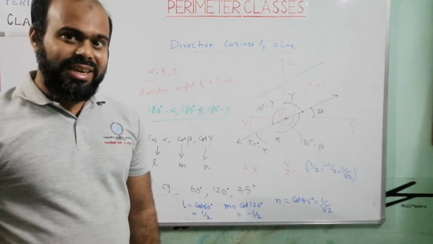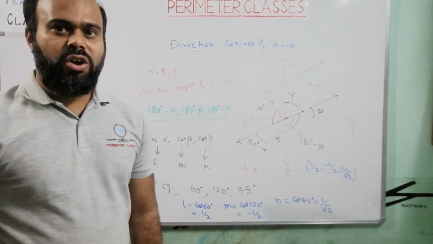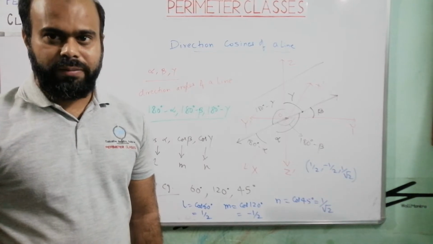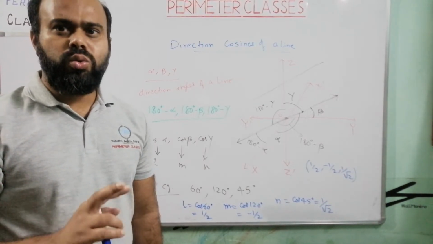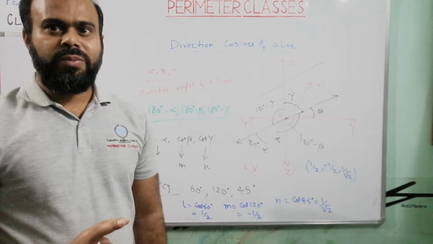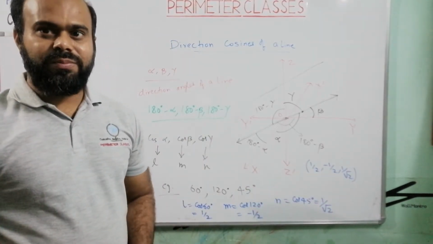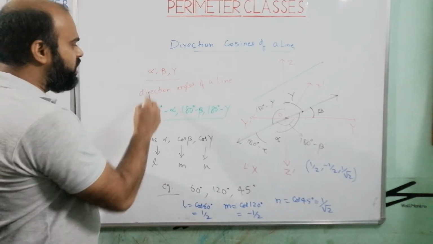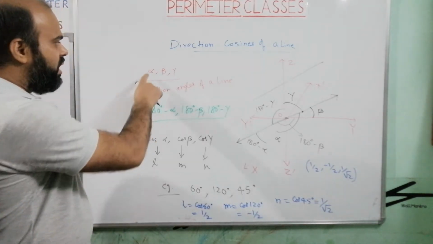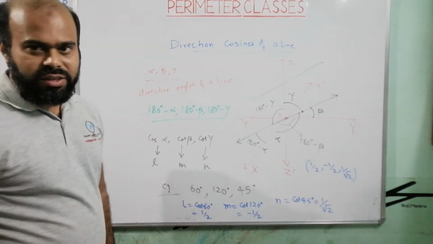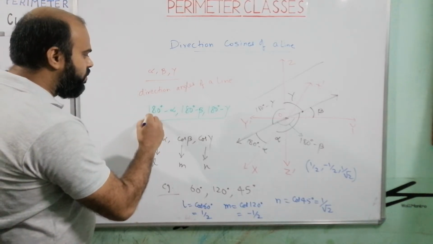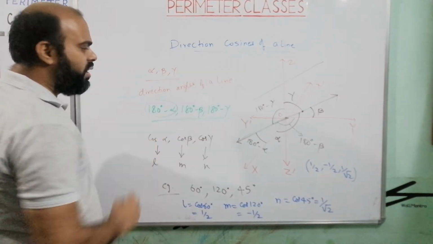But as I said earlier, a line does not have a unique direction cosine. A line has two sets of direction cosines. One is this one. So can you tell me what will be the other one? If you see the angles, one is alpha, another is 180 degree minus alpha. So what will be cos of 180 degree minus alpha?